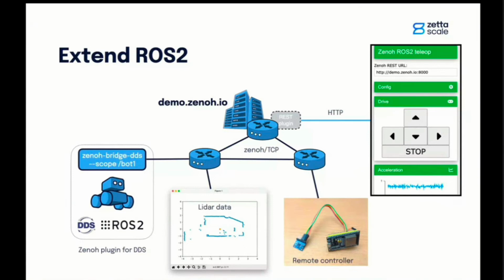So the LiDAR data is subscribed by the LiDAR plotting, and of course there is also remote teleop from the web application that Olivier just showed. And you can see at the same URL, http demo.zenoh.io without the port number, the acceleration data that is available live. I just posted the link in the chat of the summit.